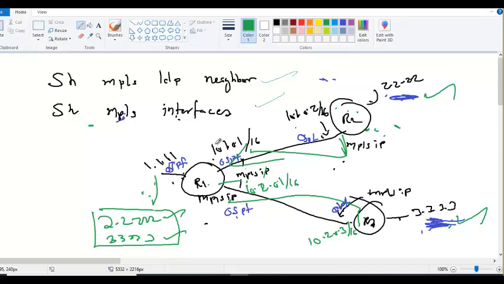See, in ISPs where we have MPLS, it is only between the PE routers, and in the middle we may have few.